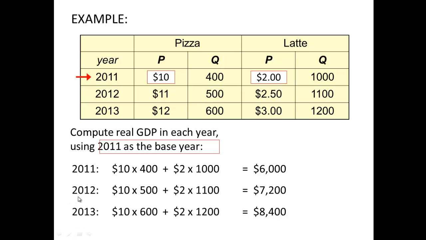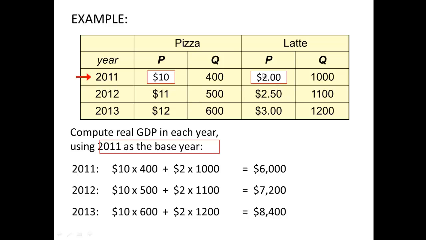So when we do our real GDP analysis and we make 2011 the base year, we're going to keep constant the price, $10 for pizza, $2 for lattes, and then we're going to multiply it by the quantity so that we can determine real GDP. So 2011 is our base year, so it would be 10 times 400. Then for 2012, 10 times 500, and for 2013, 10 times 600.